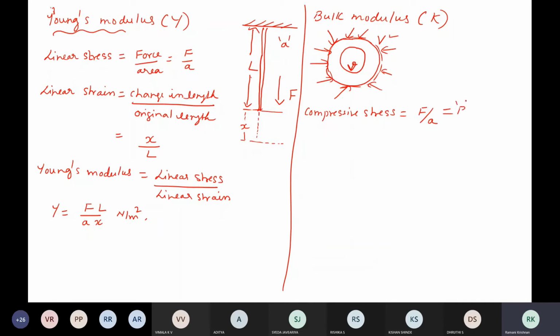A pressure acting uniformly and normally on the body is called compressive stress. Because pressure is also force per unit area, the definitions remain the same. Now what is compressive strain? Compressive strain is defined as the change in volume to the original volume.